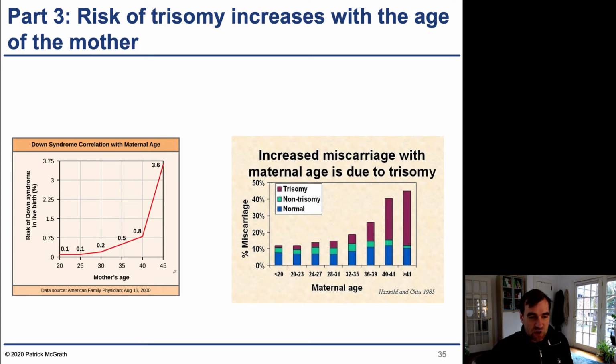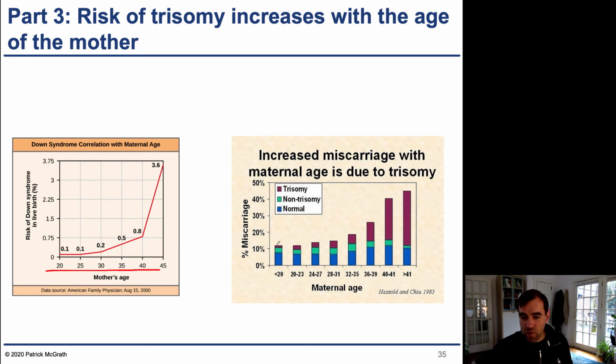This is just two data points. One is the rate of births with Down syndrome. The older the mother's age is, the more likely it is, up to 3.6%, that a birth has Down syndrome. And then also the ratio of miscarriages.